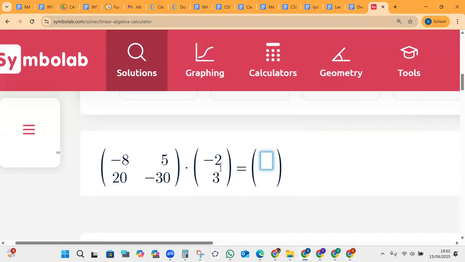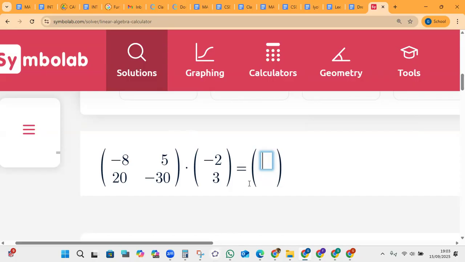You withdraw and you withdraw, you have withdrawn. And is plus. 6 and 4 is 10. You add it. So you're going to multiply -8 times -2, and means plus, you're going to multiply 5 times 3. First times first, second in the row times second in the column.